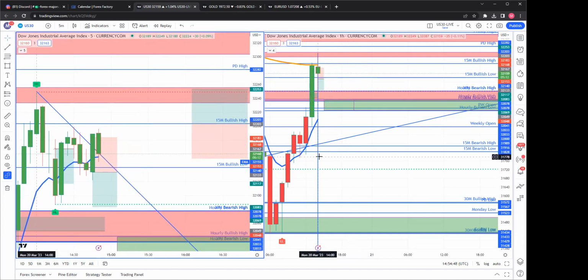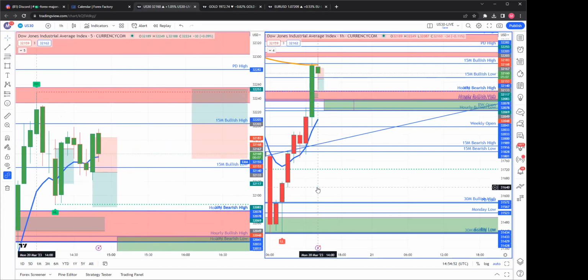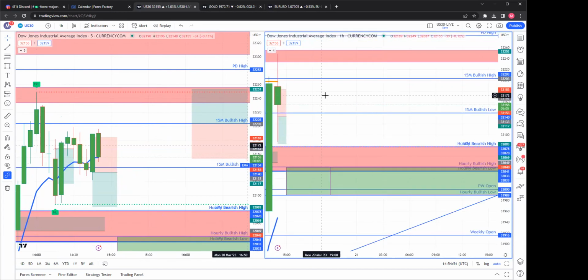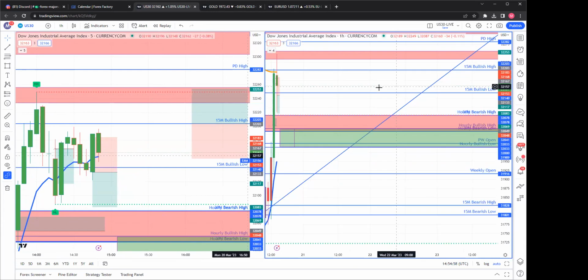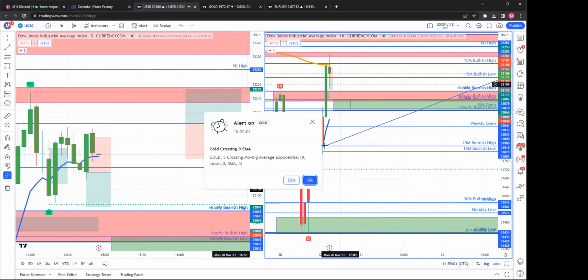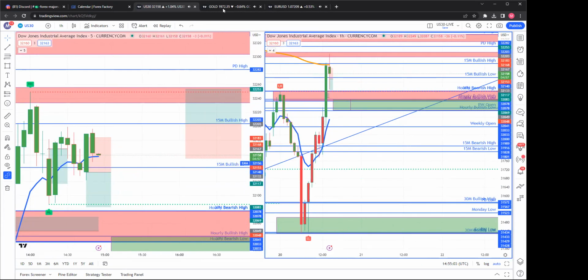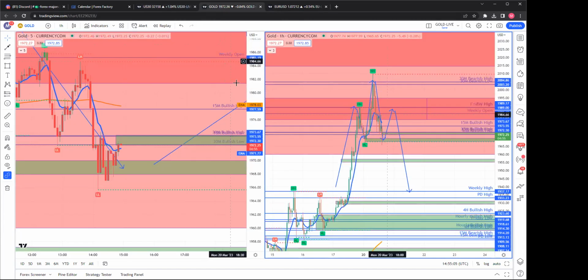Because if you look at the hourly, let's delete this, whatever this is. Oh, that's that one trend line. So if we look at the hourly, the chart to my right, gold just closed above the 9 EMA, which I'm pretty sure lines up with a 30-minute bullish low.